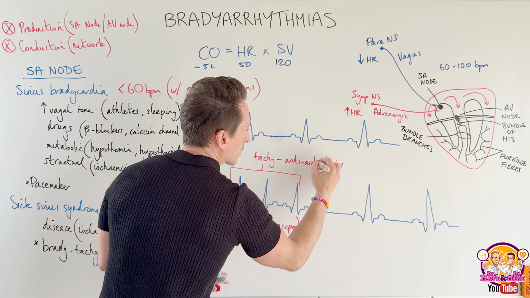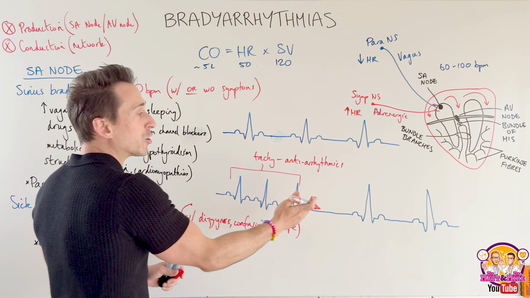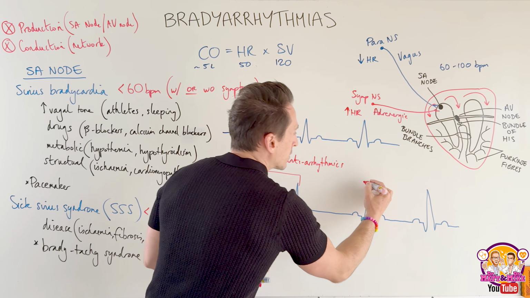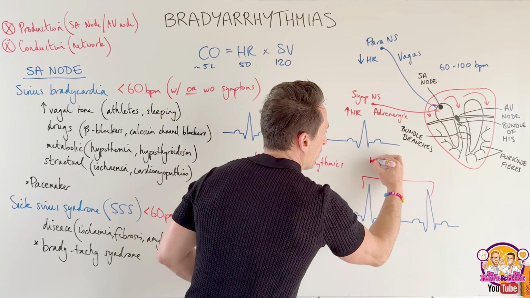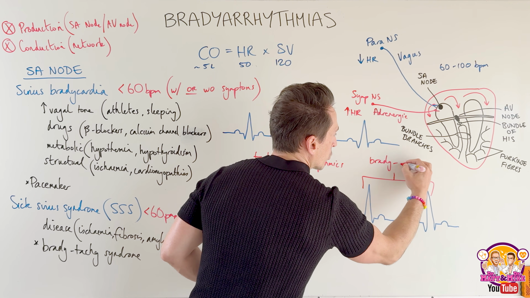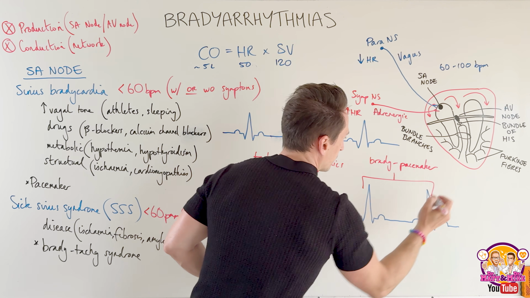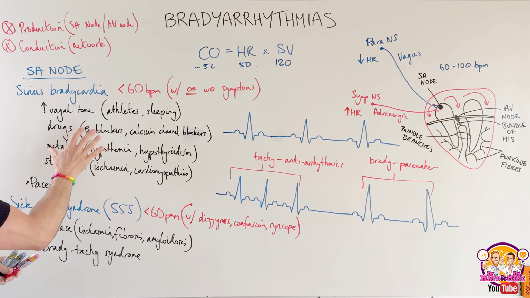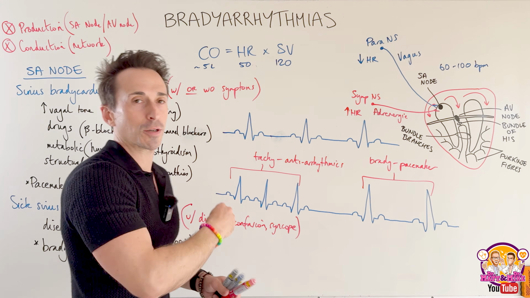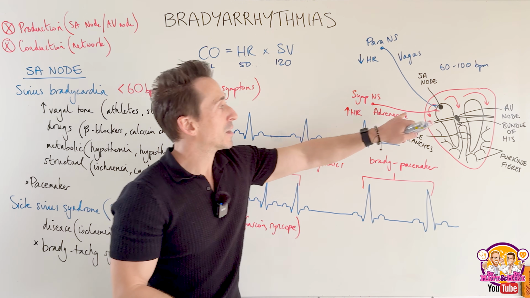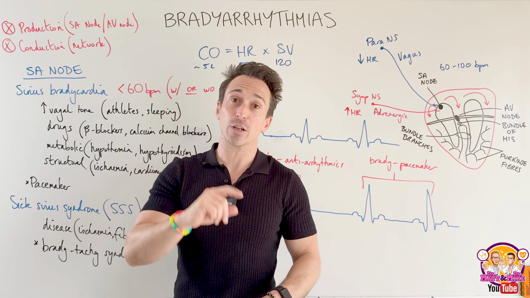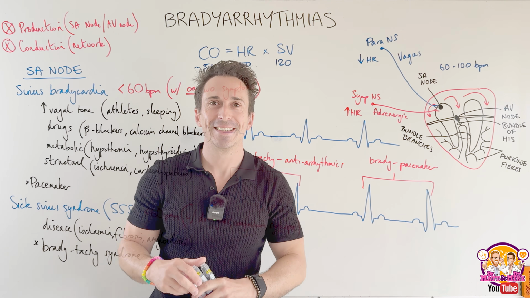So antiarrhythmics are going to slow the tachy, but then you're going to have the brady overwhelming, so then you'll probably have to put in a pacemaker to address the brady. So these are the major types of SA node dysfunction. Let's now take a look at the next step, which is AV node dysfunction causing bradyarrhythmias.